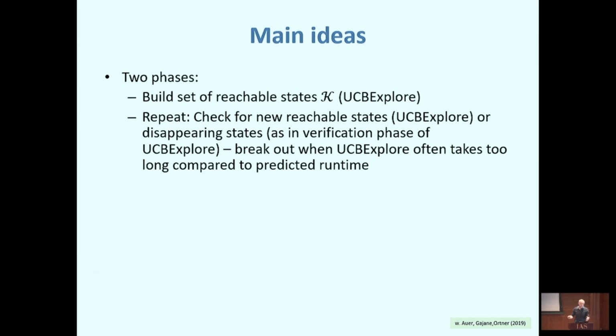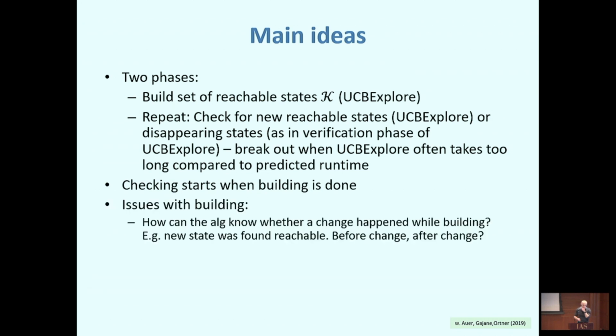And if that takes too much time, then it knows that the environment changed, and a new phase or a new round begins. So what's the issue with the building? The algorithm just cannot know, while building, whether what it's building is correct or not. Because it's busy doing something and then something else changes somewhere else in the environment. So how can it know?